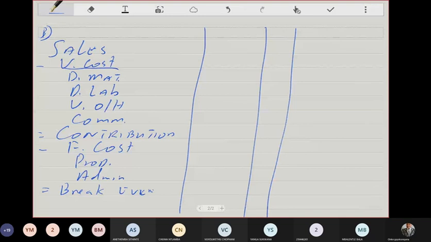Then remember again, we opened in our 3-column statement. Then you've got your total, the unit, and then the percentage.